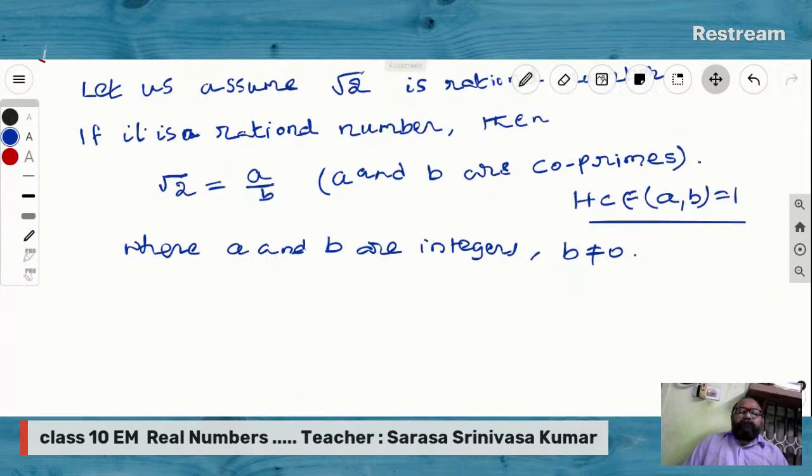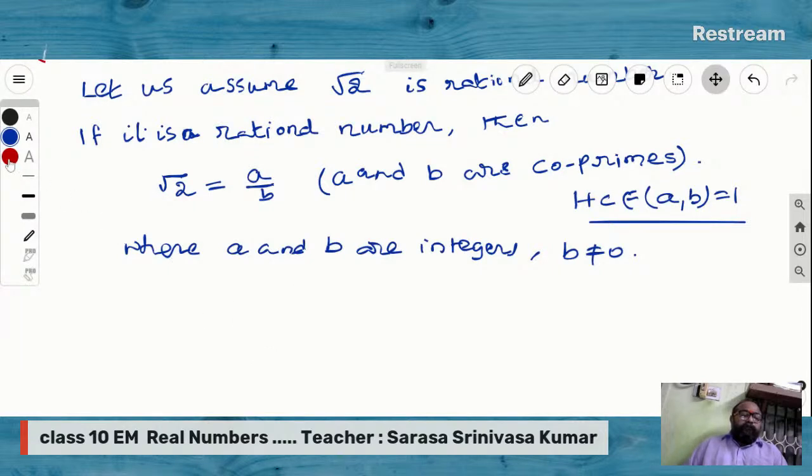Every rational number can be expressed in the form of P by Q. So if square root of 2 is a rational number, then it can be expressed in the form of A by B. Here A and B are co-prime numbers.